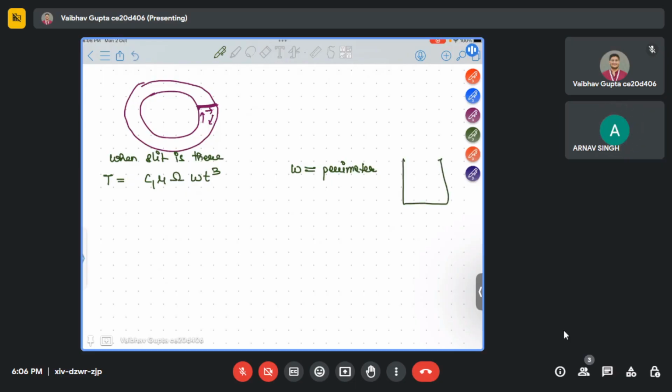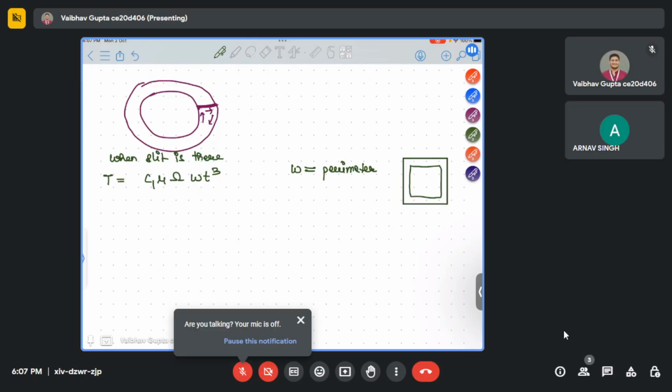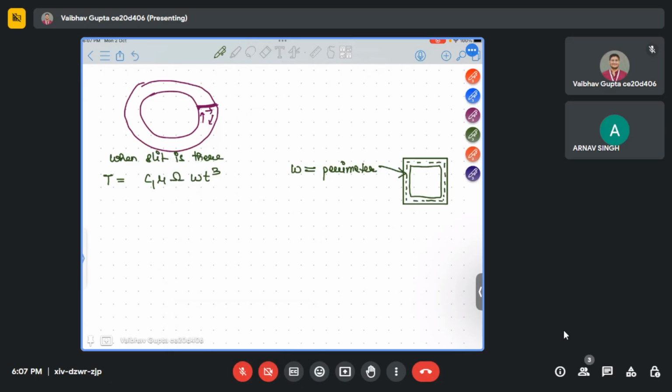Suppose a rectangle or square is there, if we define this dotted line as the mean, the perimeter is represented by this dotted line. T is the thickness of the slit, and C1 is a constant.